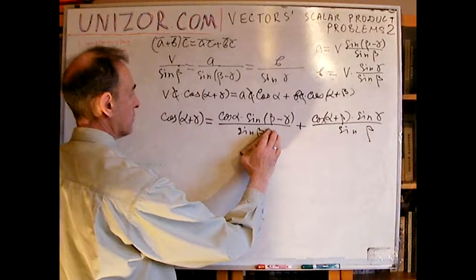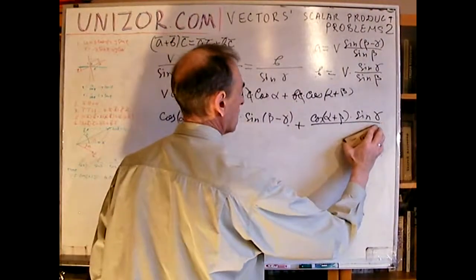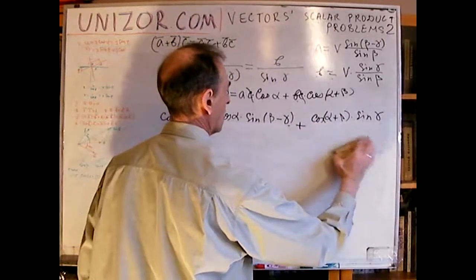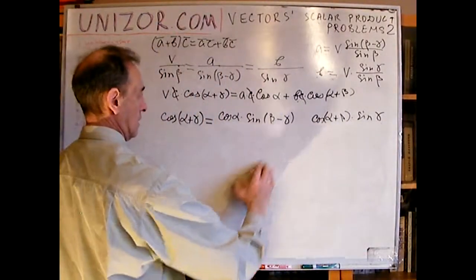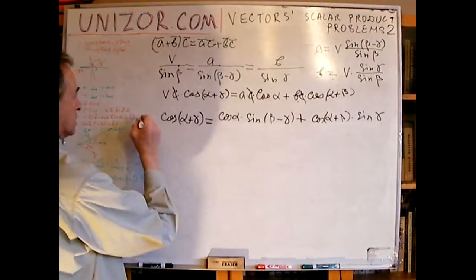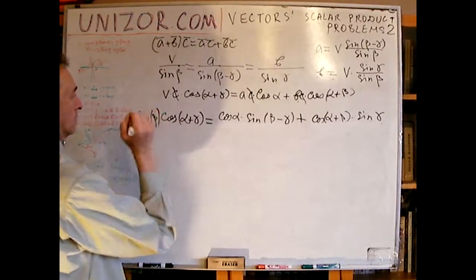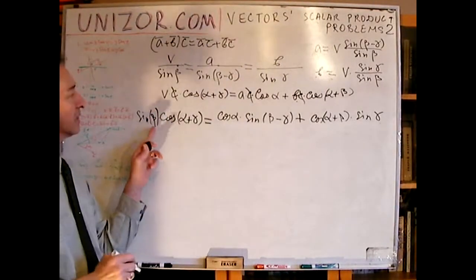Or if I multiply by sine beta, I will get this. And this would be sine of beta, right? So that's what I would like to prove.